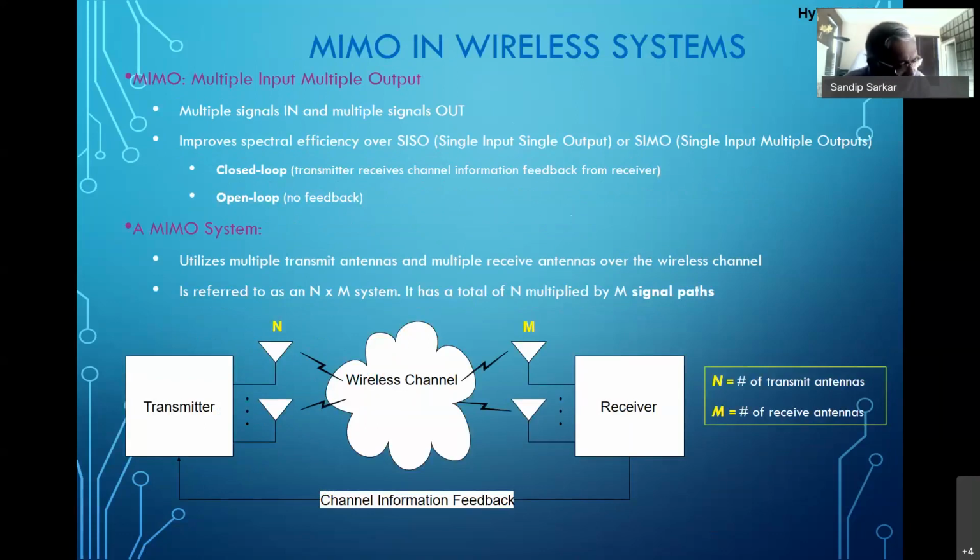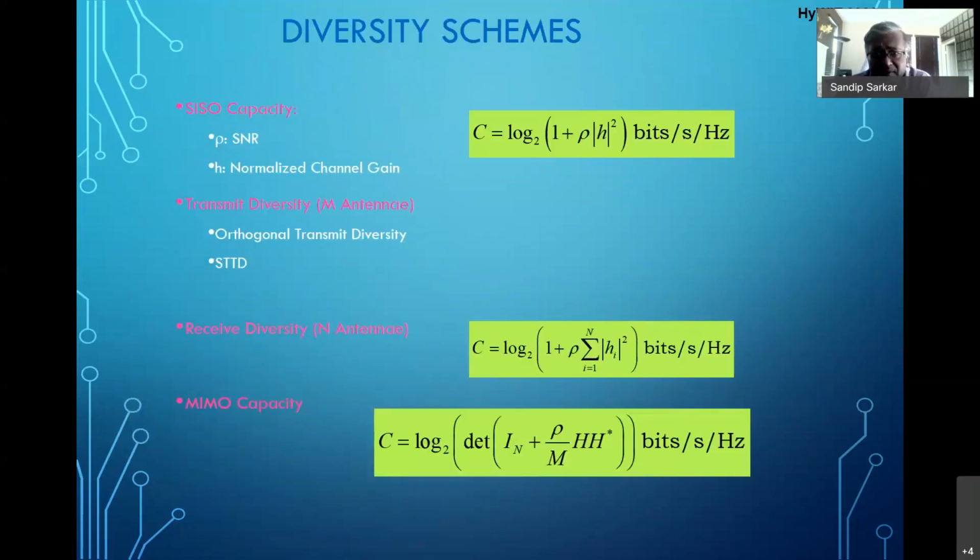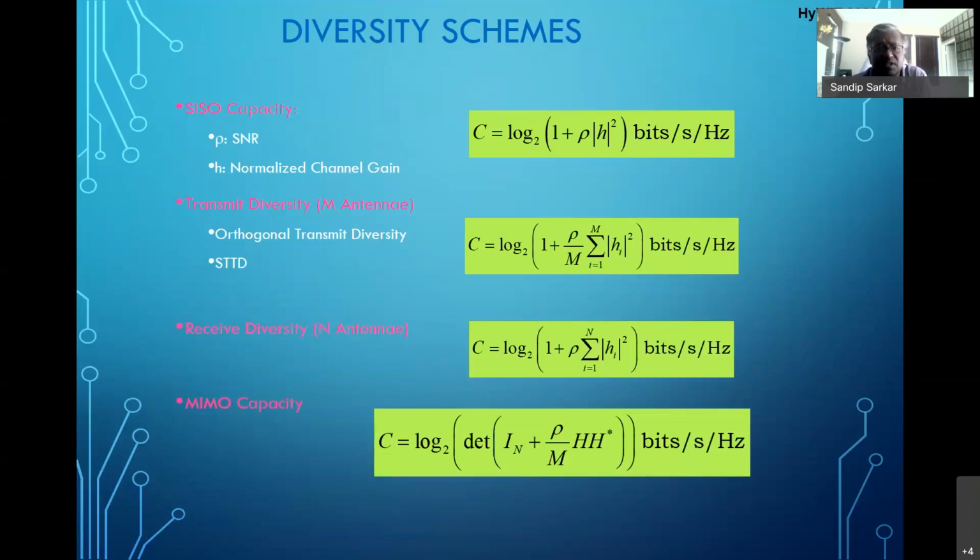I'll spend 5 more minutes on MIMO, not too much more. So MIMO, as you all know, is that there are N transmit and N receive antennas, and they're sent over a wireless channel. They can either be open loop where there's no feedback, or closed loop where there's feedback. If you look at the diversity schemes, there are 4 diversity schemes with different capacity.